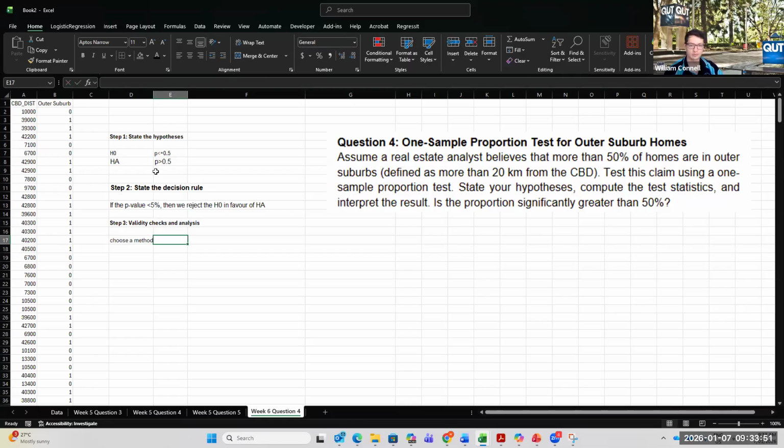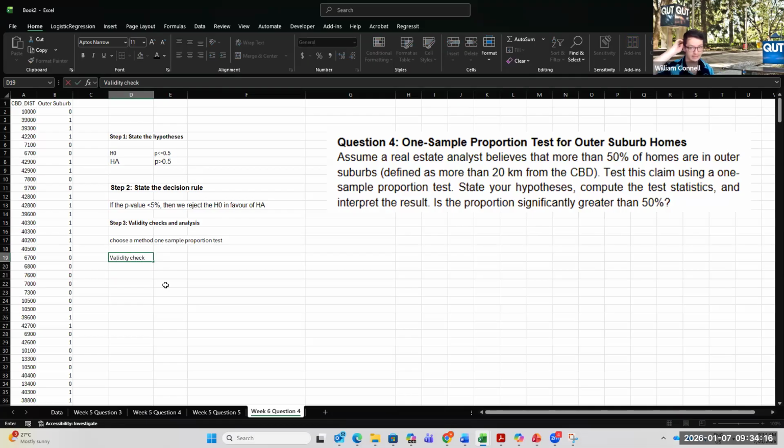We're dealing with a proportion in our null and alternative, which means we're dealing with some type of proportion test. And there's only one sample, right? We're testing it for one group. So we're dealing with a one sample proportion test.